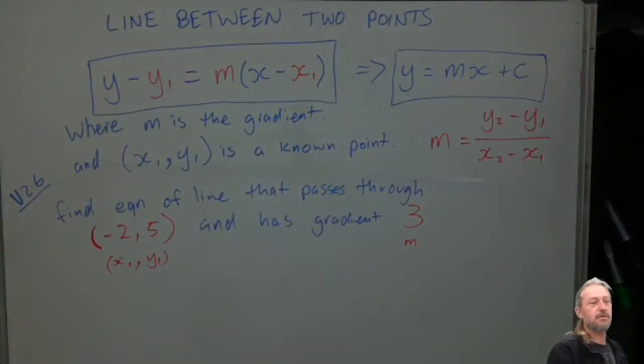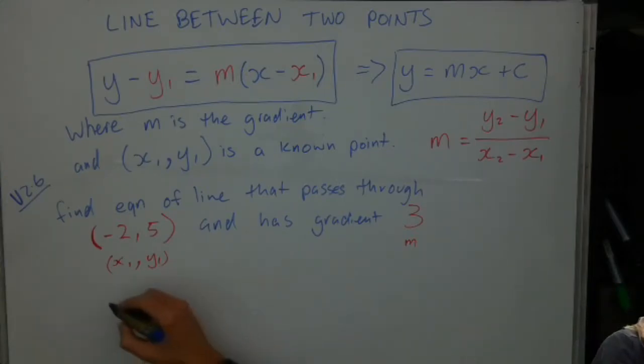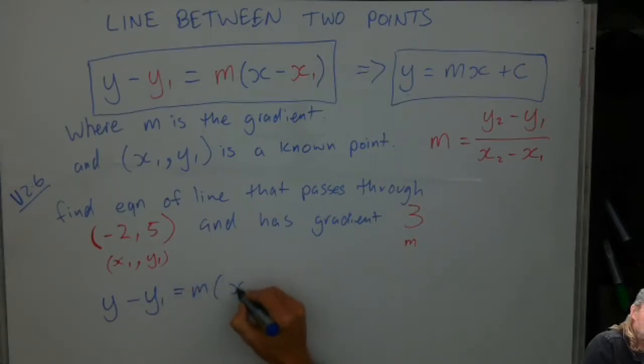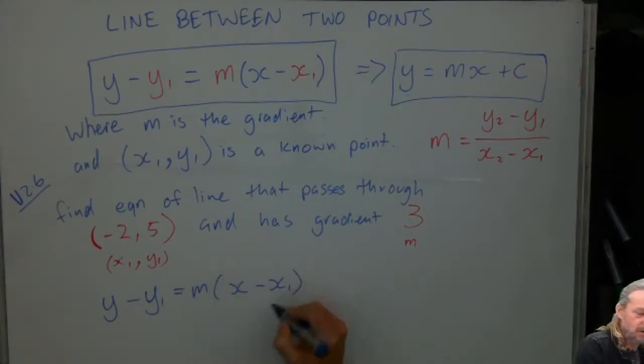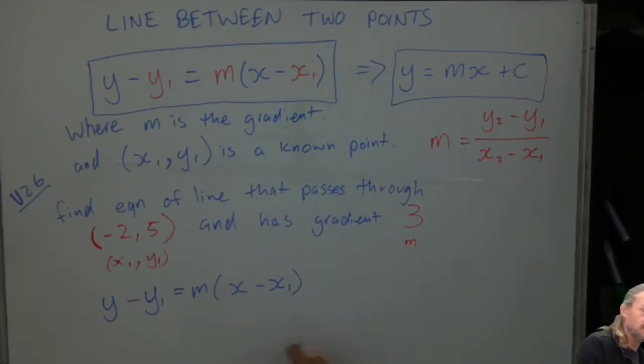I will also show you another way you can do it, but we might just run through these examples first. Right, so y take away y1 equals m lots of x take x1. Usually you'll get a mark just for writing that, knowing that this is what you use.